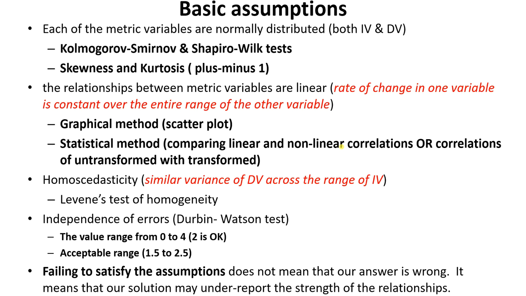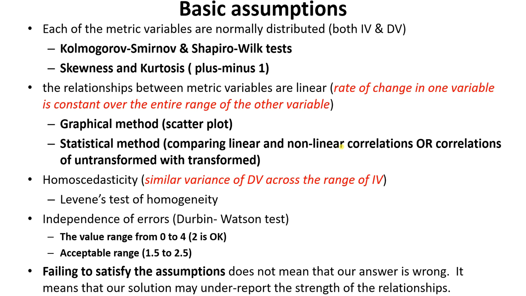There is a statistical method also. We can compare the linear and non-linear correlation. So we can compute the linear correlation, then quadratic correlations, then cubic trend. We can fit the data using different software. And if the linear correlation is larger than the non-linear correlations, then linearity is the most plausible, and therefore we can say that the relationship is linear.